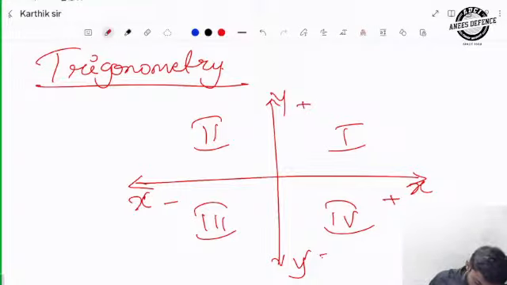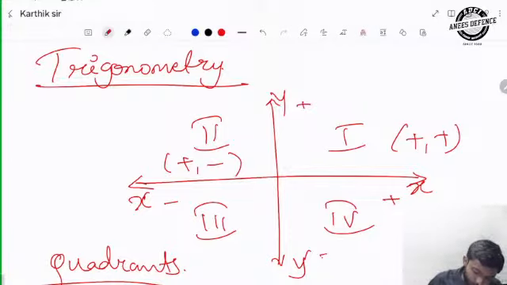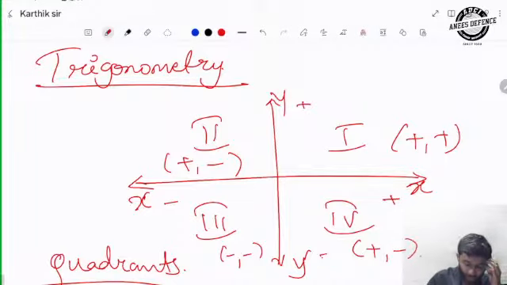There are four quadrants here. Positive, positive; positive, negative; negative, negative; and negative, positive.